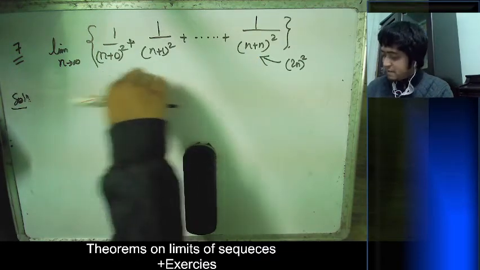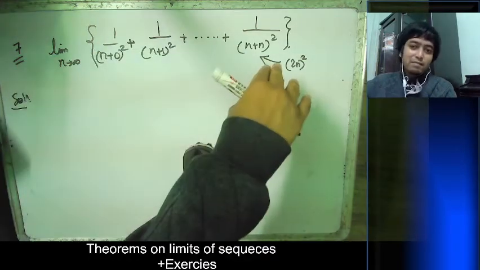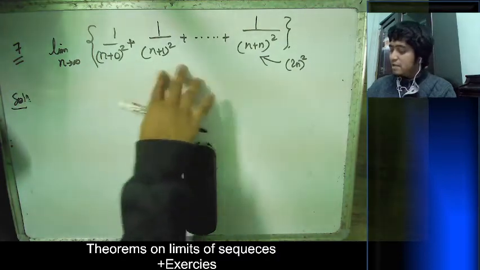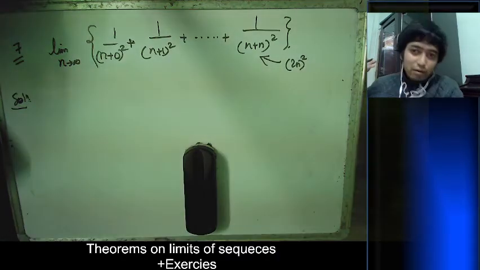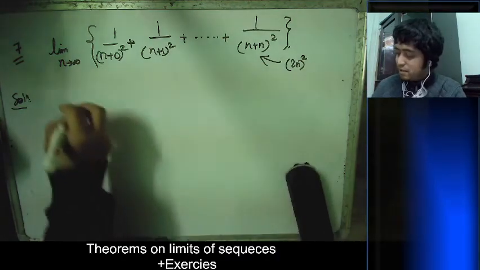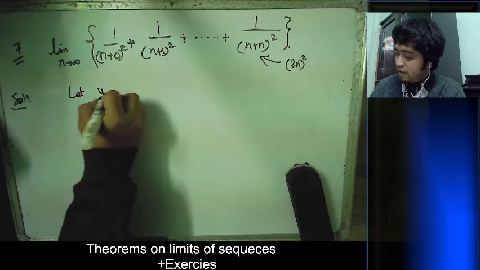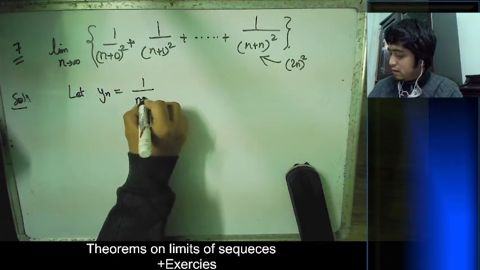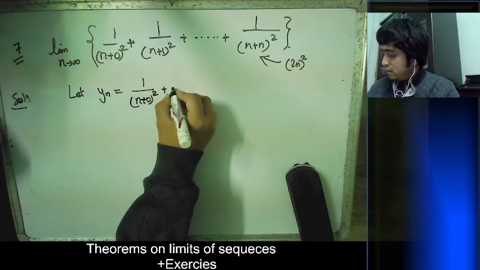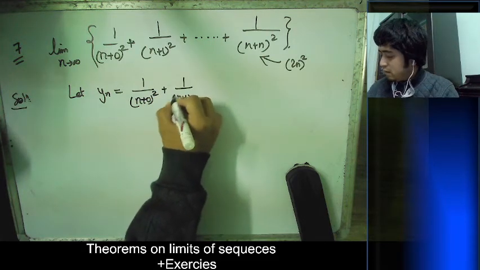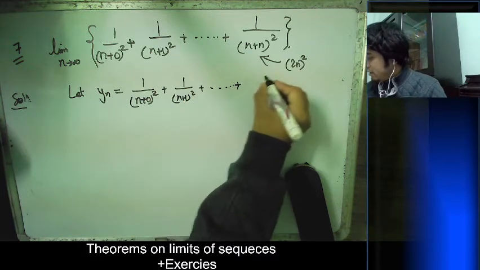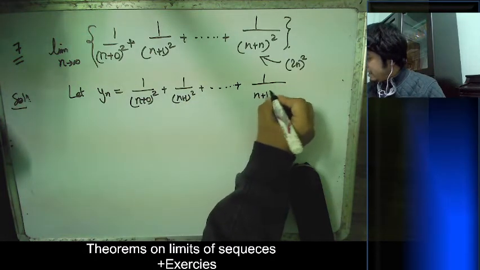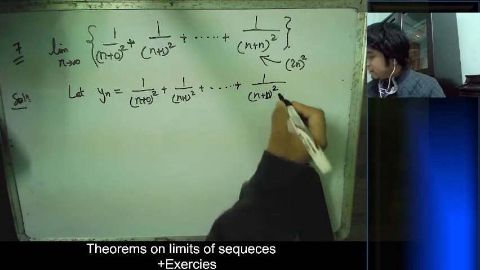If they are the same denominator, then we can easily add them up. But since they are not the same denominator, then we can use squeeze theorem. So we will take yn to be this whole thing. We want to keep yn in the middle, n plus n whole square.